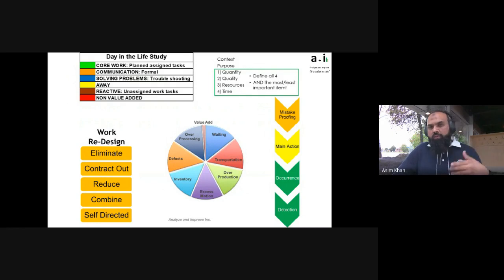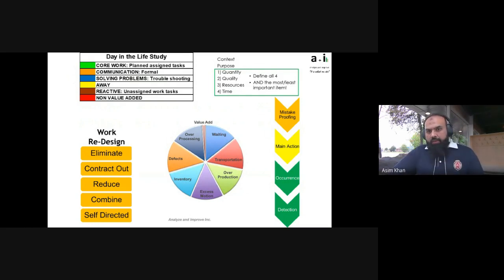So out of the 4 things, quality, quantity, resource, and time, what is the most important for what we're about to do to make things better? And then everything else could be a compromise, or we can figure out how we can get to that objective we're trying to do by focusing on the right factor out of the 4.